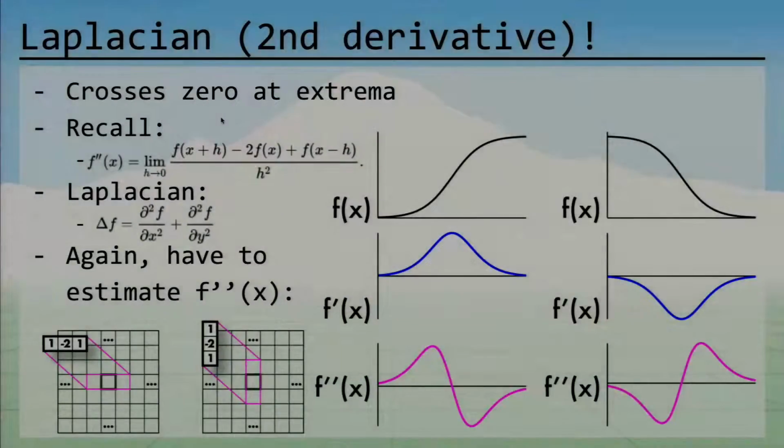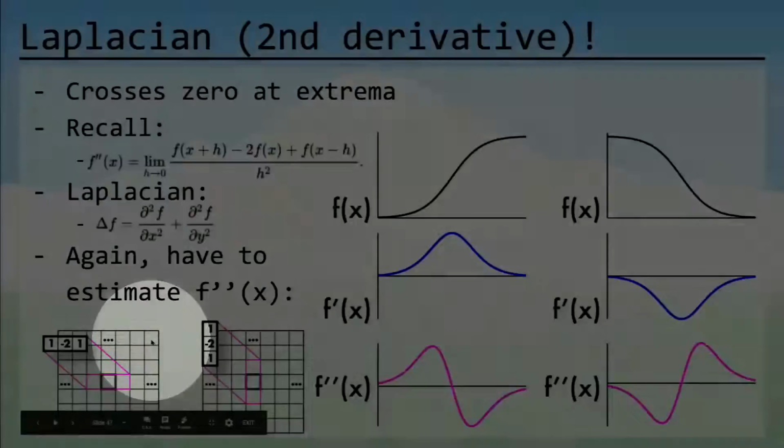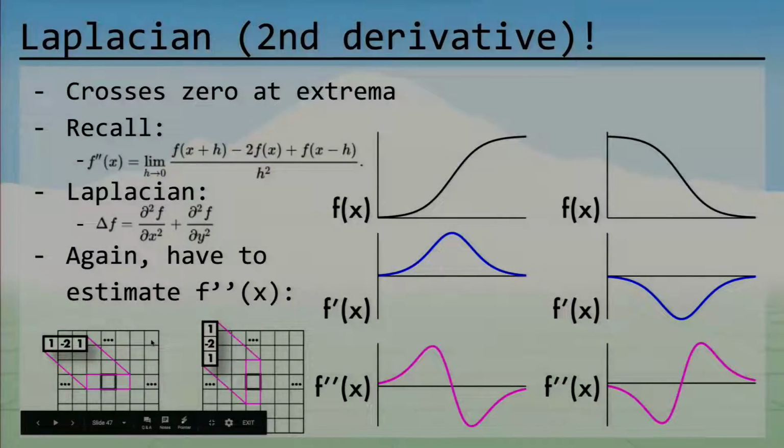And we have these pretty simple components: it's going to be 1 times the function on either side of you and minus 2 times the function right where you are. In general, we want the limit of this as h goes to 0, but we're not going to do that. We're just going to set h equal to 1 again. And we have these discrete estimates for what the second derivative is in the x and y directions of our function. In particular, there are these filters that we see down here.